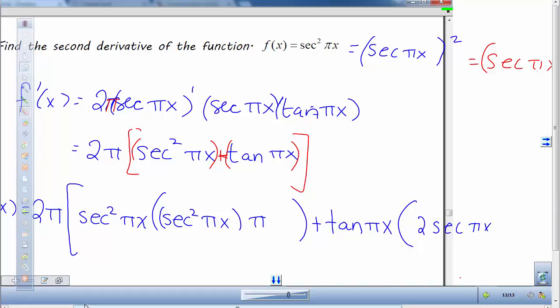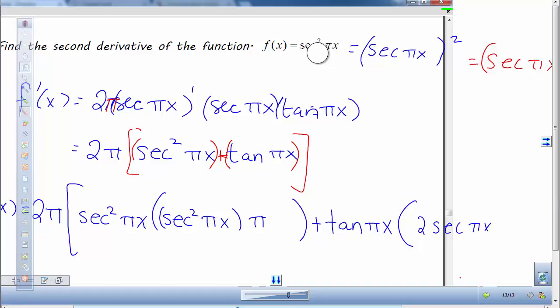So we're doing first times the derivative of the second plus second times the derivative of the first. Well, notice that what we're calling the first is what we started with. So instead of going through all these steps again, we can think smart and say, let's just pop all of this in here, because we already found the derivative of secant squared pi x one time today. We started with that. Now, you don't have to do that.